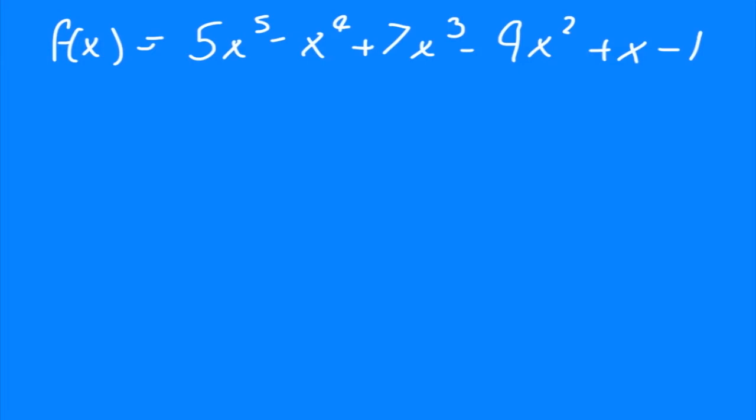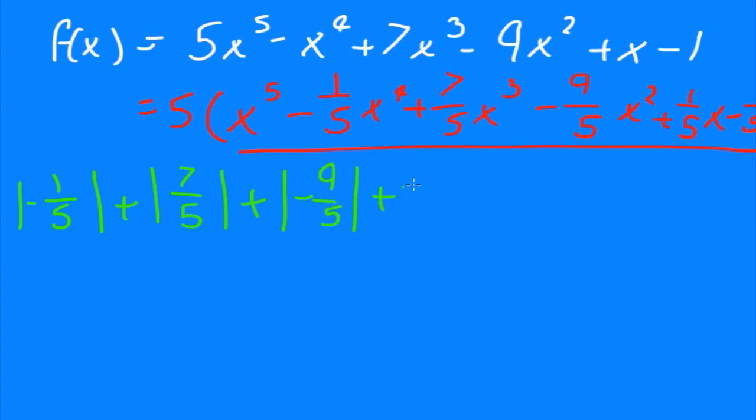We're going to take the 5 out because we want to make this x on its own: x to the 5th minus 1/5 x to the 4th plus 7/5 x cubed minus 9/5 x squared plus 1/5 x minus 1/5. Then we have the absolute value of -1/5 plus the absolute value of 7/5 plus the absolute value of -9/5 plus the absolute value of 1/5 plus the absolute value of -1/5.